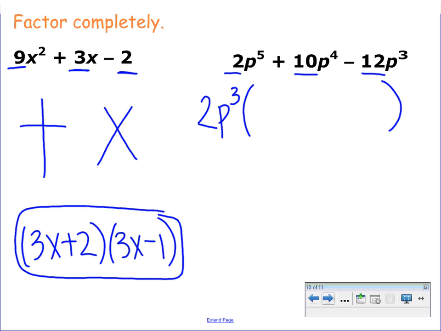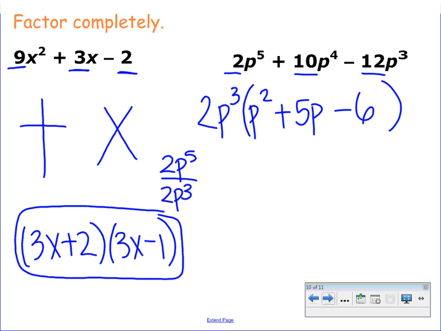And 2p to the 5th, remember, think of this as 2p to the 5th divided by 2p to the 3rd. That leaves me p squared. Then I'm left with 5p minus 6. Okay, I want to take a look, see if this can be factored. I need to make my x. I know that this needs to be a negative 6.